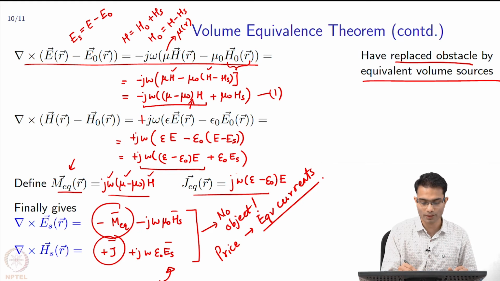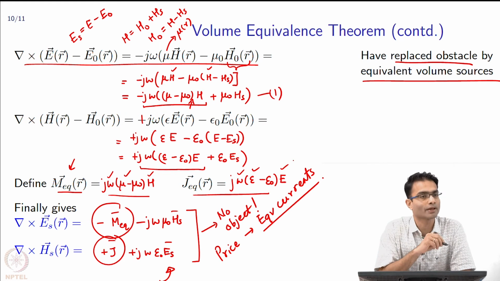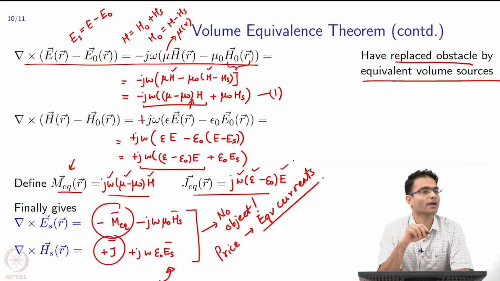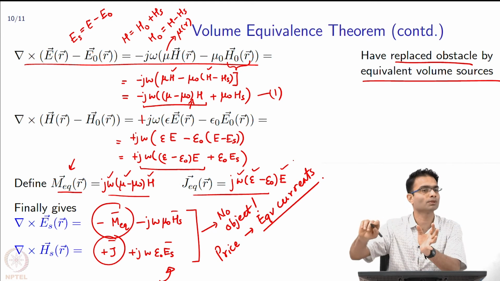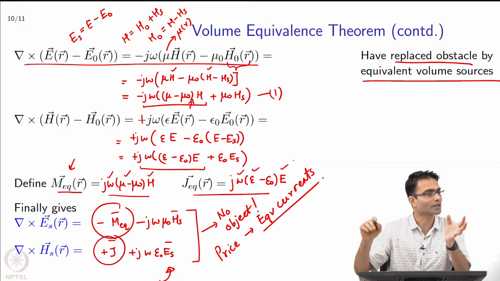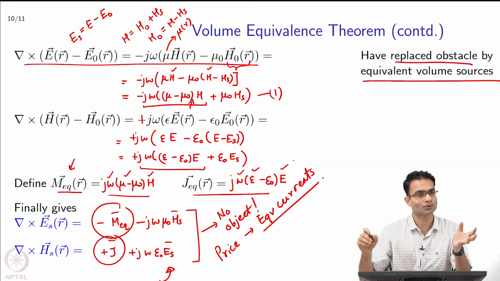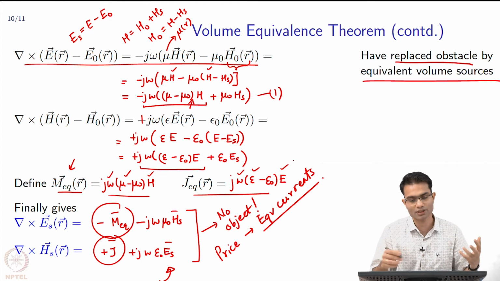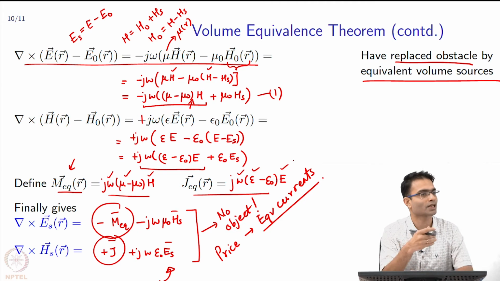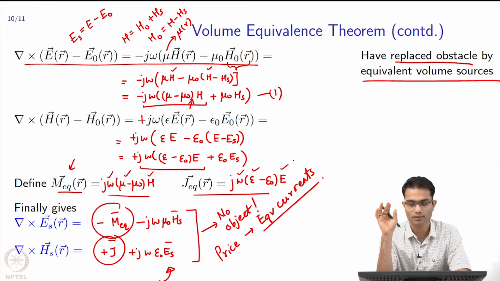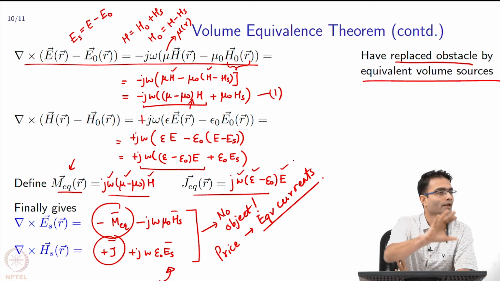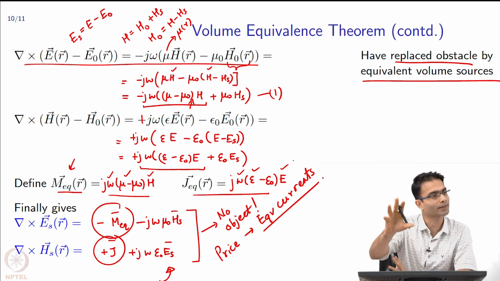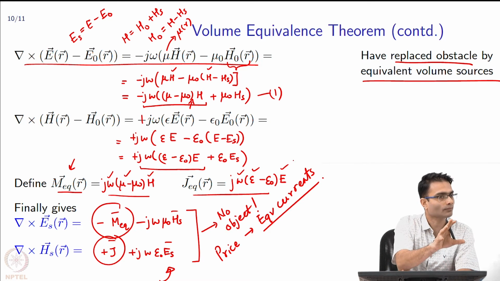Similarly for J equivalent I know omega epsilon, but the electric field I don't know. So I have not actually solved the problem, I have just transferred the problem into M equivalent and J equivalent. The reason for this will become clear as we go along in this course, but this is a popular way of replacing an object by current sources, magnetic and electric.